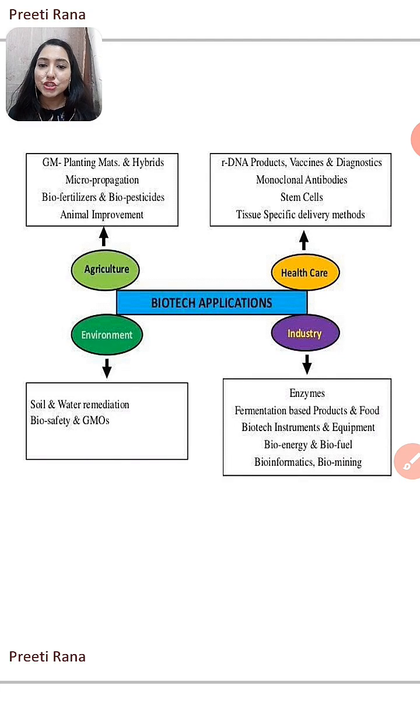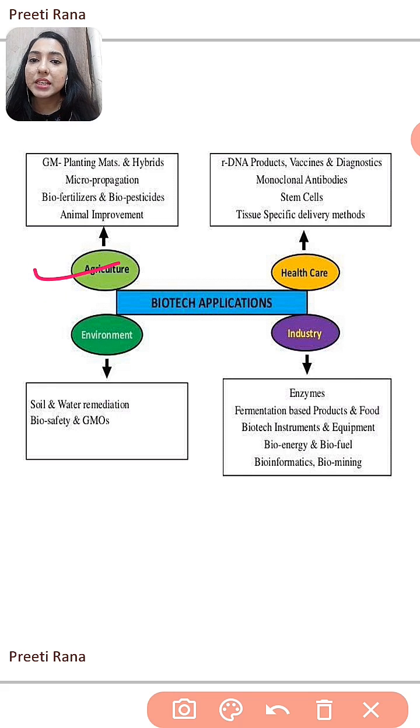This flowchart shows the various sectors in which biotechnological applications have been implemented. In agriculture, for the production of genetically modified plants, hybrids, micropropagation, the formation of biofertilizers and biopesticides, and the improvement of animals.